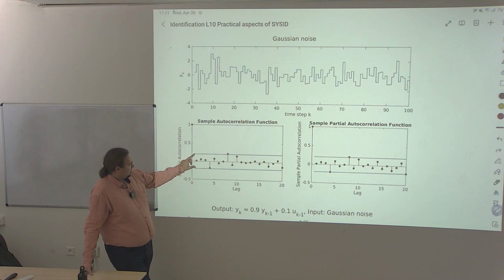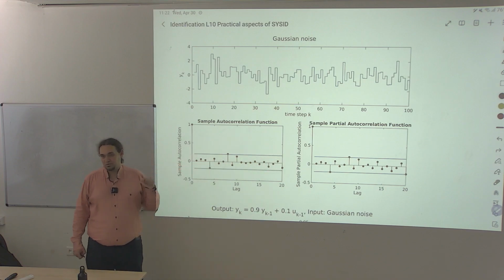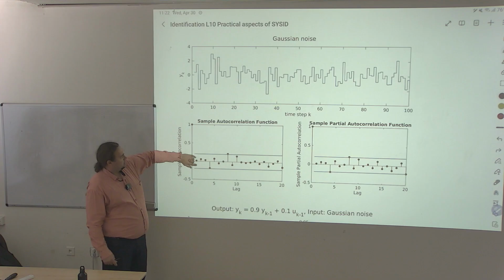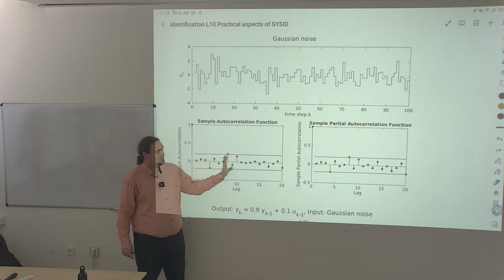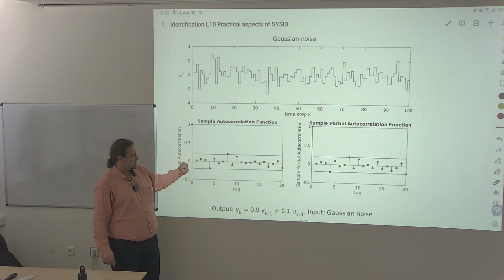What comes after? There is this blue band, and it will try to internally calculate the statistics. What is the standard deviation of the noise, and it will create here, I guess, a plus minus 3 sigma interval. So do not get distracted by any stems lying in this band.